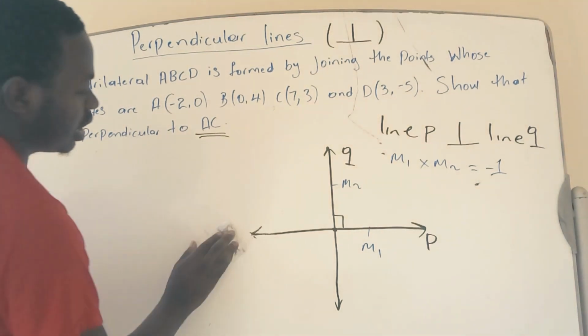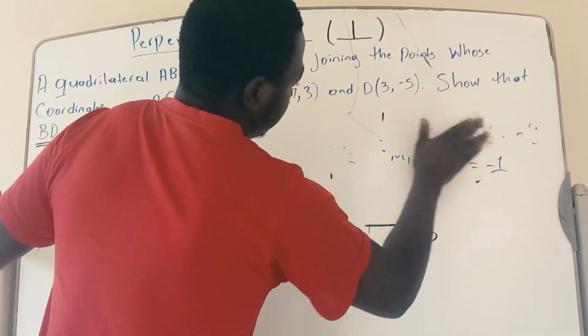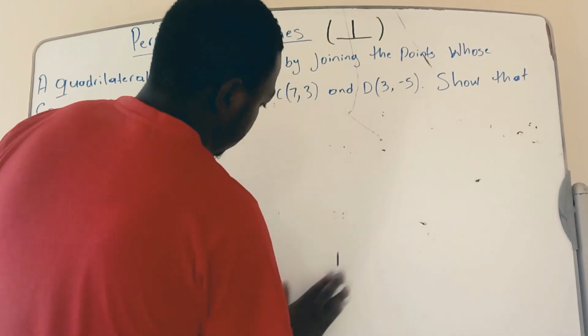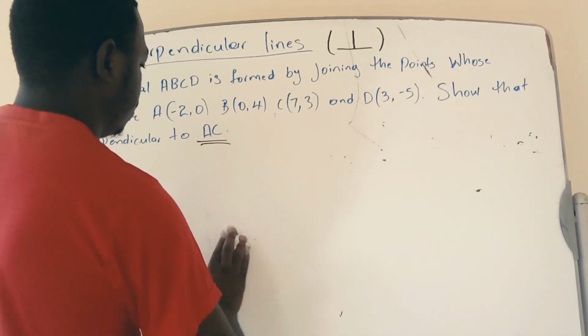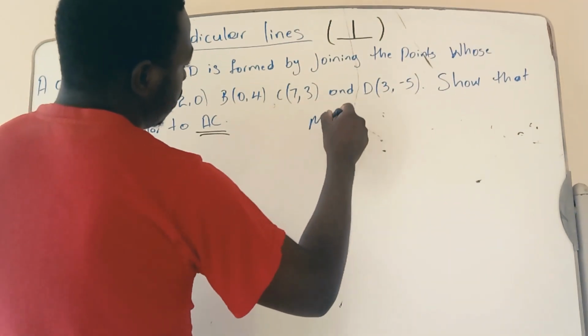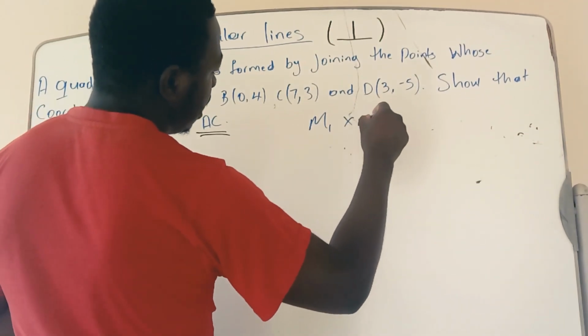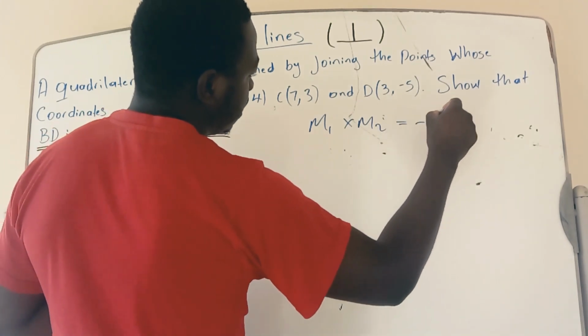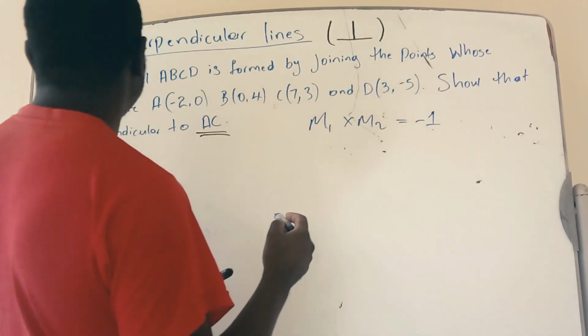So let's go ahead and do that. Let's keep in mind that M1 times M2 equals -1, if the lines are perpendicular.